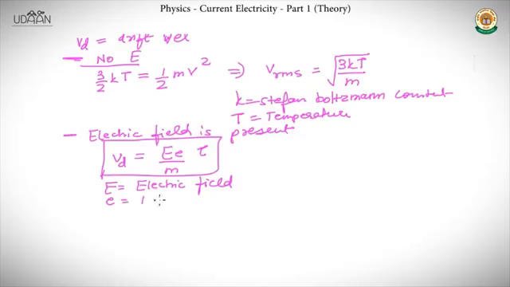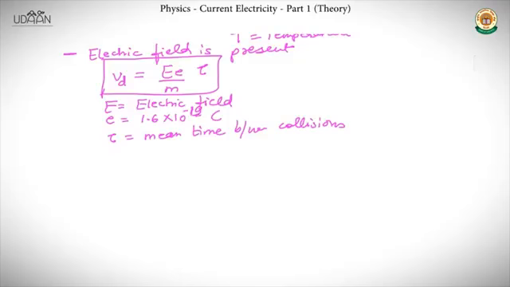Small e is 1.6 into 10 raised to minus 19 coulomb, which is the charge on a single electron, right? And tau is the mean time between two collisions. And m is the mass. So this is the formula for the drift velocity when an electric field is present.